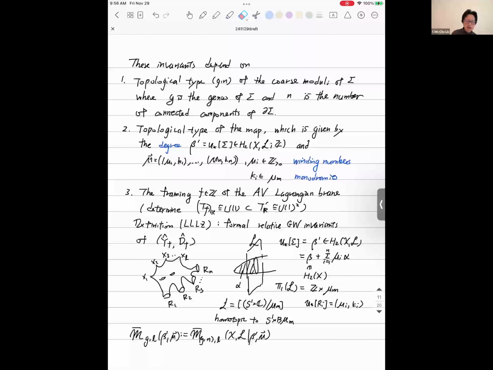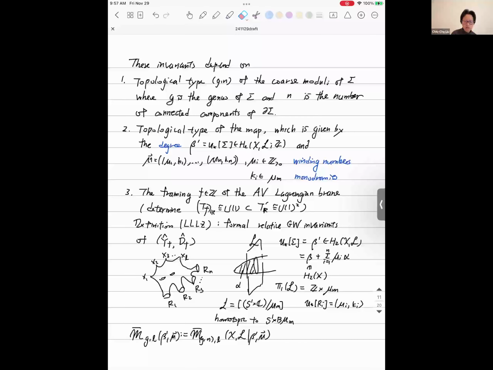But suppose now that L contains stacky points, and we have explained that this L in general is homotopic to a rank 2 vector bundle over a circle times B mu M. So it's homotopic to circle times B mu M, and the pi1 of circle times B mu M is Z cross mu M.